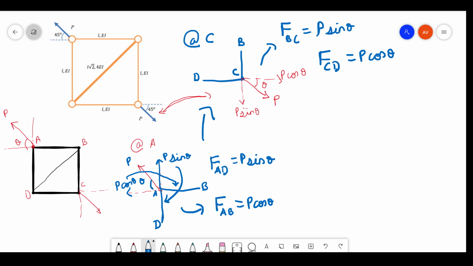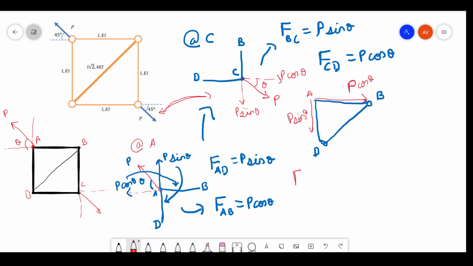If we take the other member also, that is BD, what is happening here? You have FAB, that is P cos theta, and here it is P sin theta.